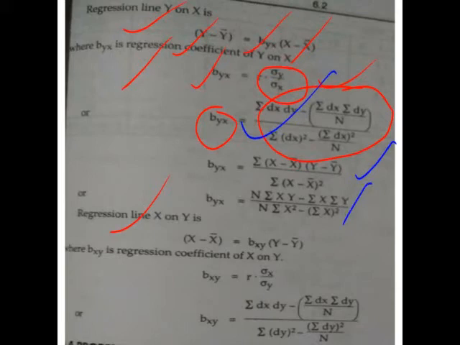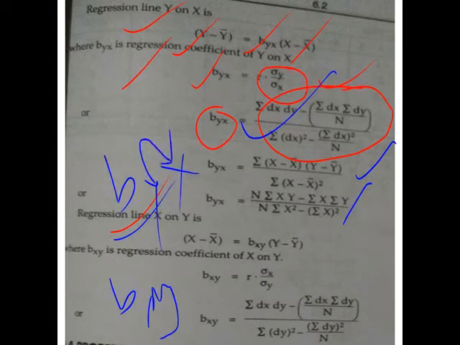By using any formula we can calculate the regression line y on x, that is the byx value. Second one is the regression of x on y, so we have to calculate bxy. Byx means regression of y on x, bxy means regression of x on y. Similar formula: bxy is r into sigma x by sigma y. There it was sigma y by sigma x, here sigma x by sigma y.